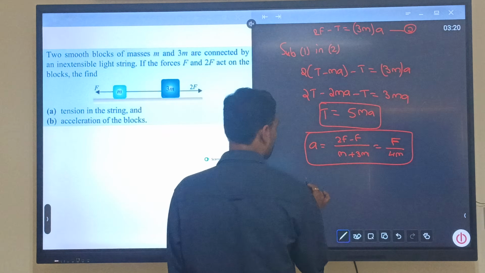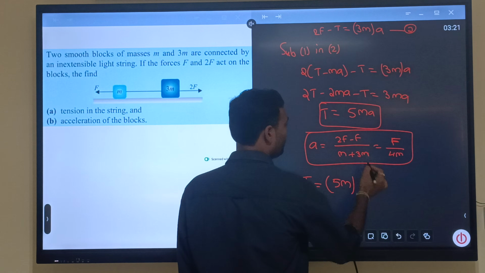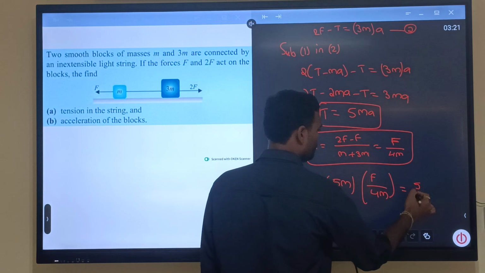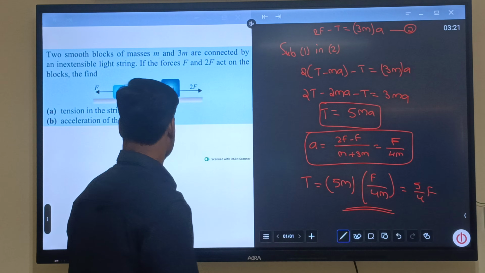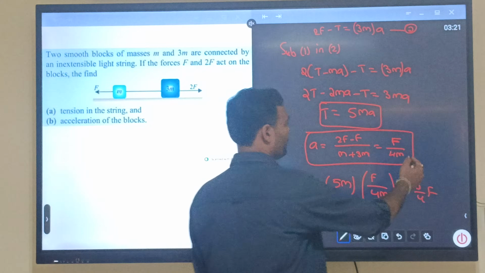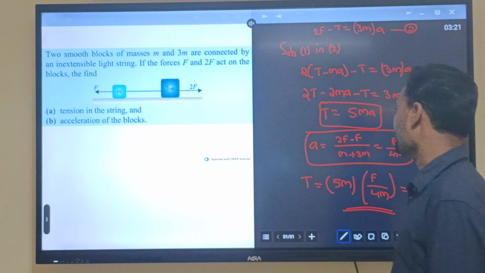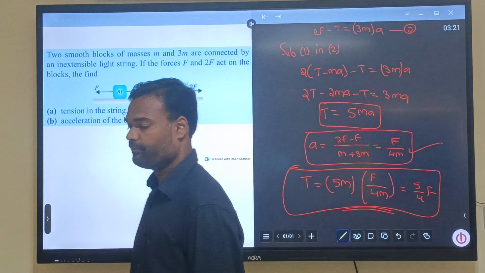Then the tension value becomes 5m into F by 4m, which equals 5 by 4 F. Then we found the acceleration of the blocks as well as the tension in the string. This is the tension in the string, 5 by 4 into F, right?